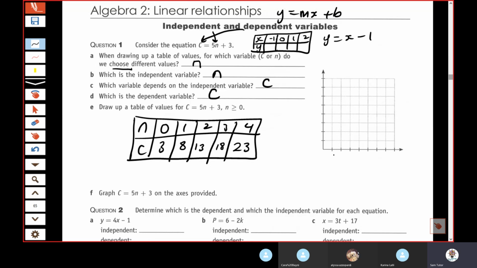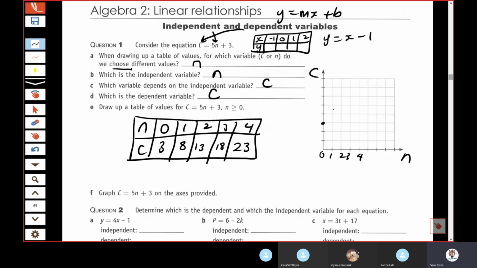You really had to. Oh yeah, as you can see, they haven't labeled anything because we want to see that you understand this is your X, this is your Y. And don't really overthink it. This is usually being your X, this is usually being your Y. N is 0, 1, 2, 3, 4. When it's 0, it's at 3.